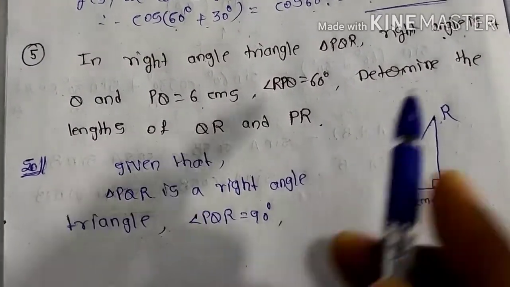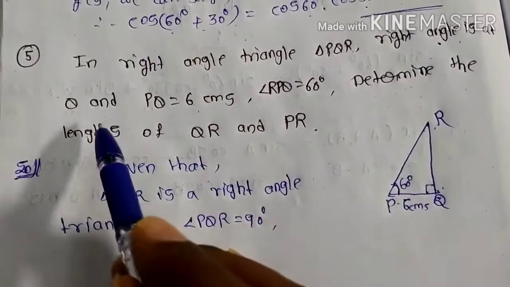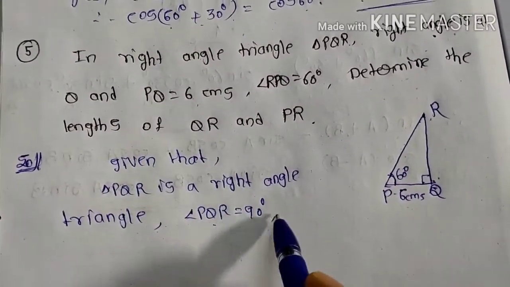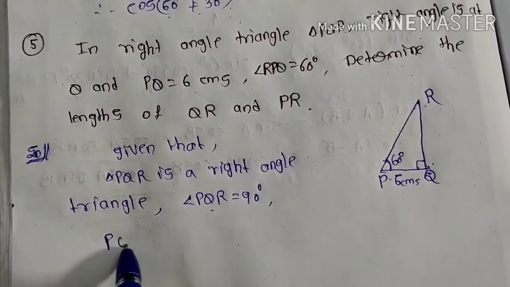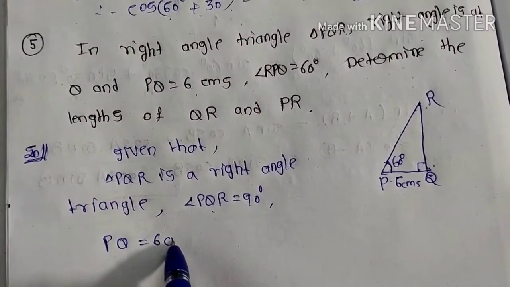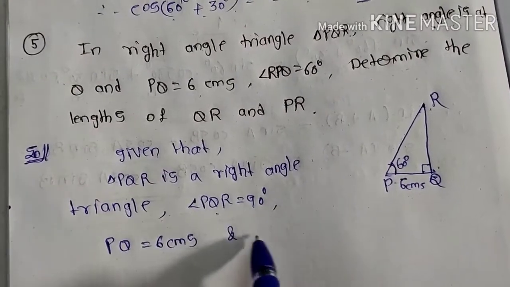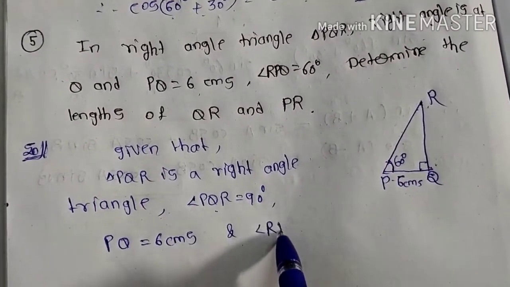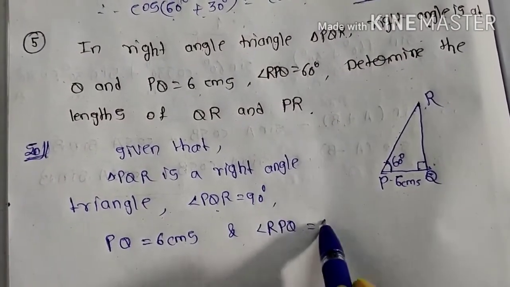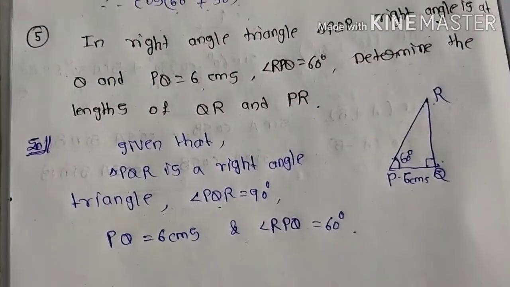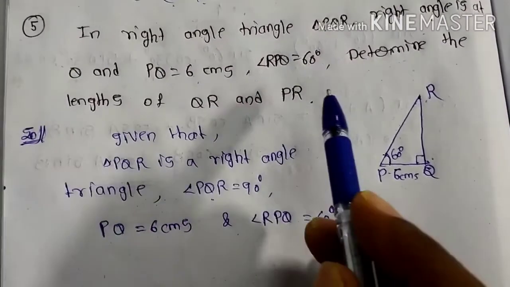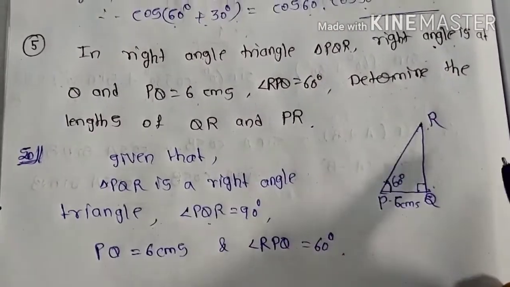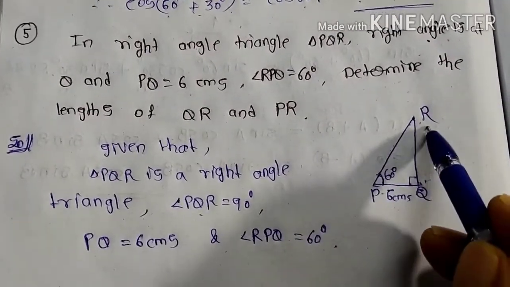Yes or no? They have mentioned right angle is at Q. That means angle PQR is equal to 90. Next you can write here PQ is equal to 6 centimeters and angle RPQ is equal to 60 degrees. You need to find here QR and PR.